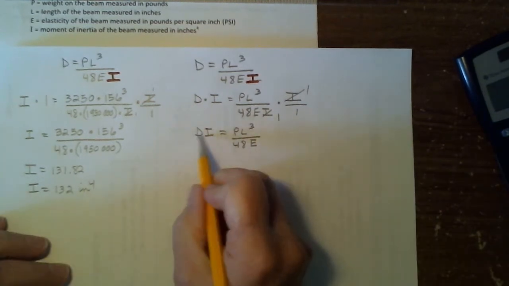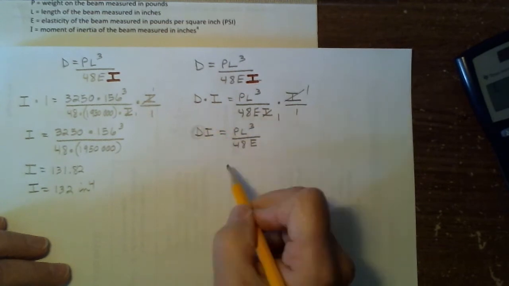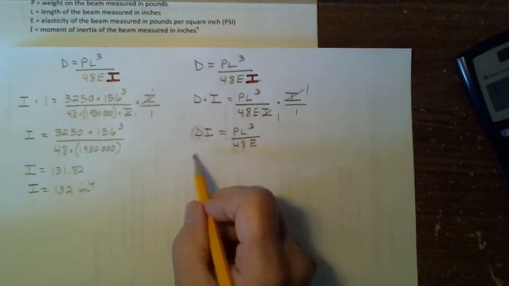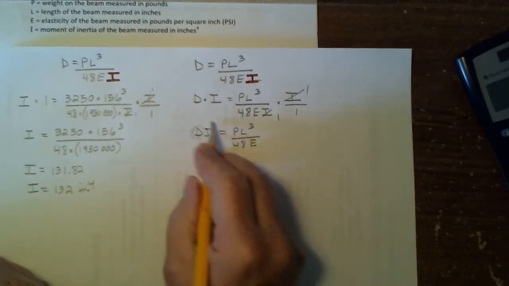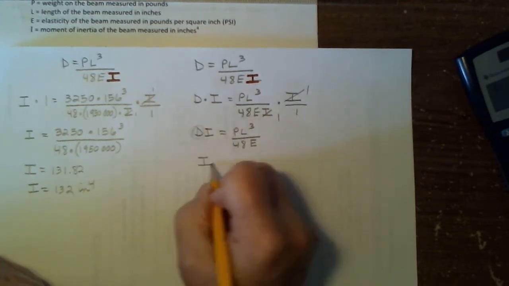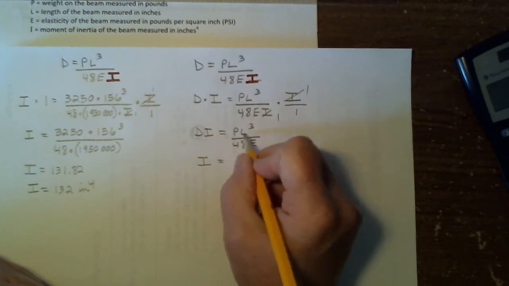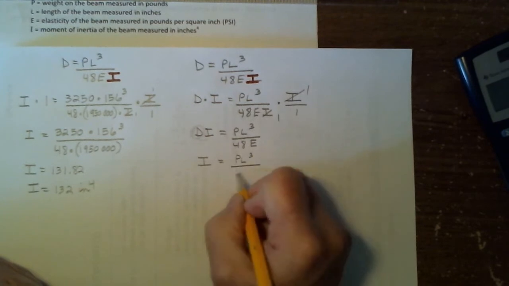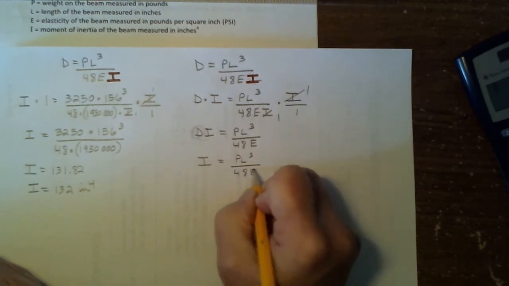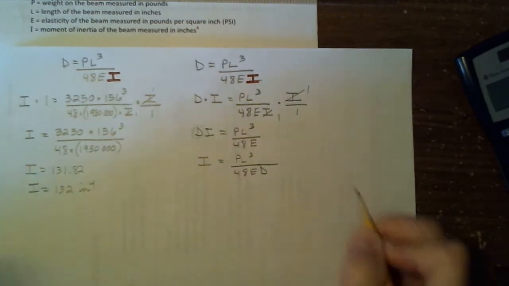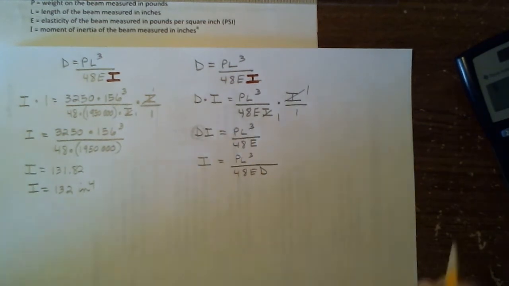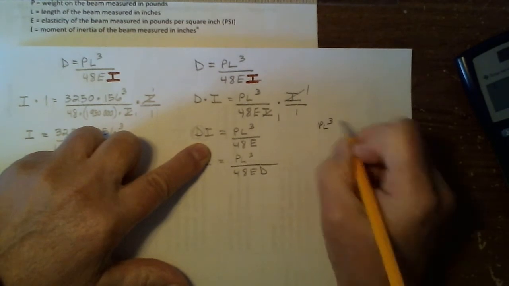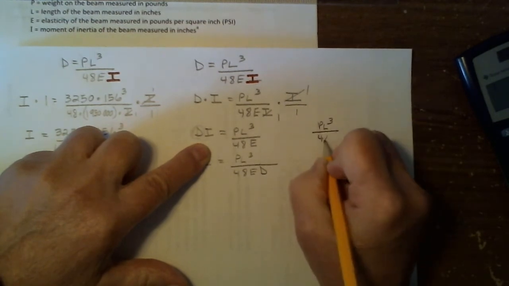I just got to get rid of this fellow right here. I'm going to do that by breaking that link, dividing. I'm going to divide both sides by D. And if I divide this side by D, I get I. And if I divide this side by D, he ends up down here in the denominator. So, well, how'd that happen? Well, if you think about it, PL cubed over 48E.